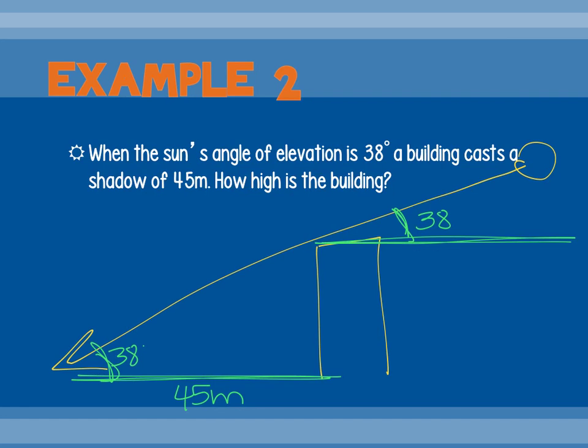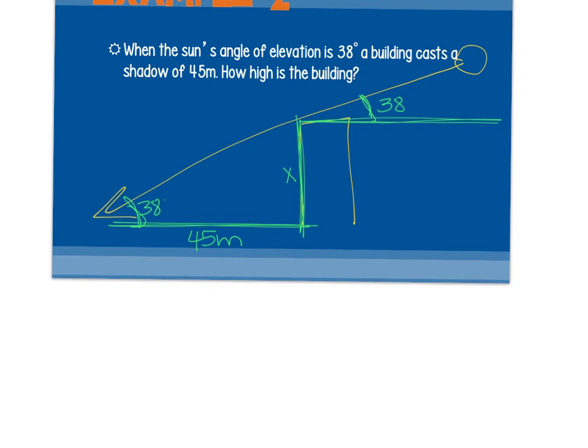So now if I want to know the height of the building, this is my x. Again, I have what two sides? Opposite and adjacent. So tangent of 38 equals x over 45.